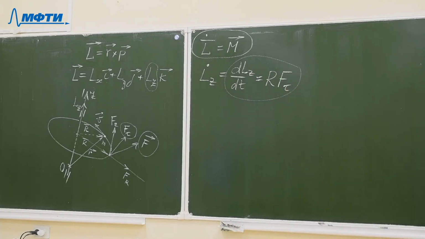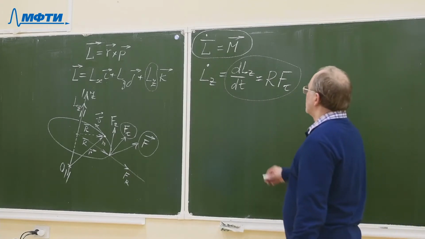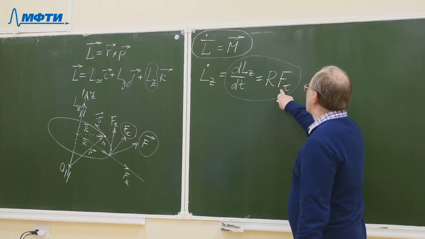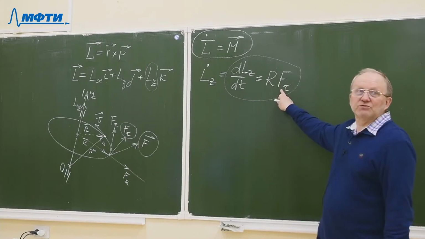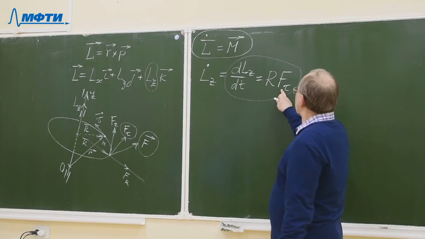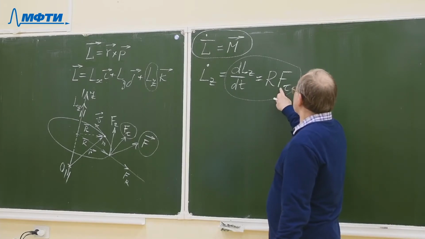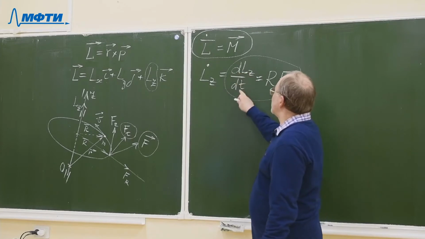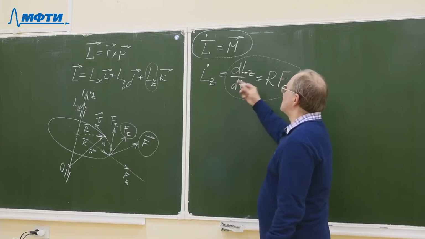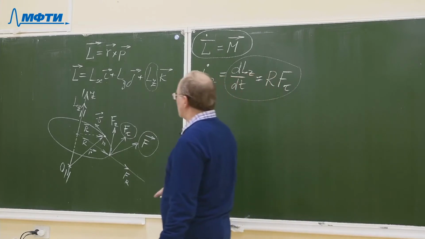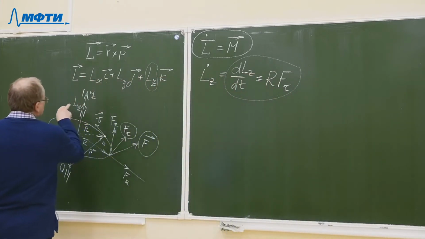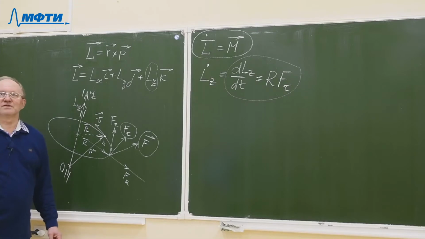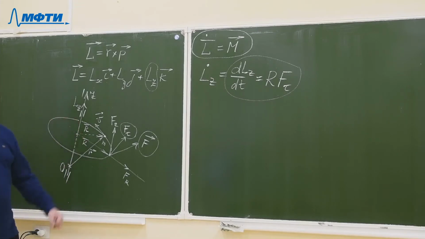I have demonstrated how it can be calculated for a z component of angular momentum, and only the tangential component of the external force is useful to either increase the rate of rotation or to decrease it. That is, only tangential force can change the Lz component of the angular momentum vector. That's the main thing which you have to understand.